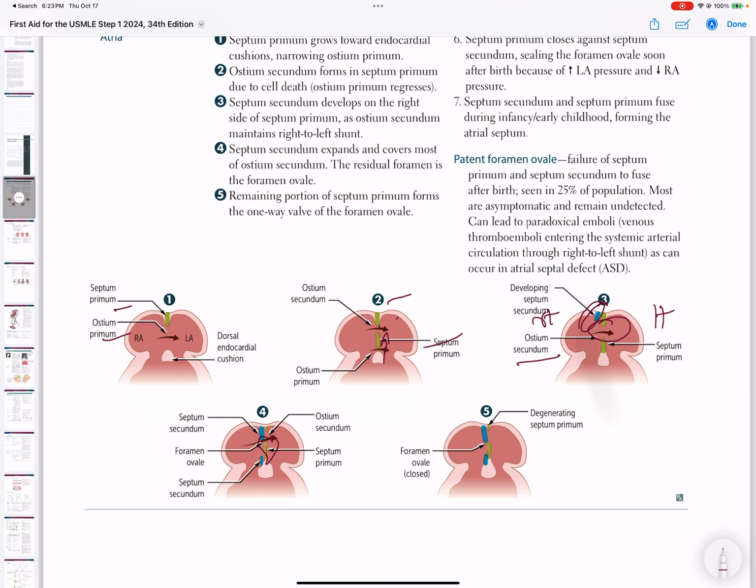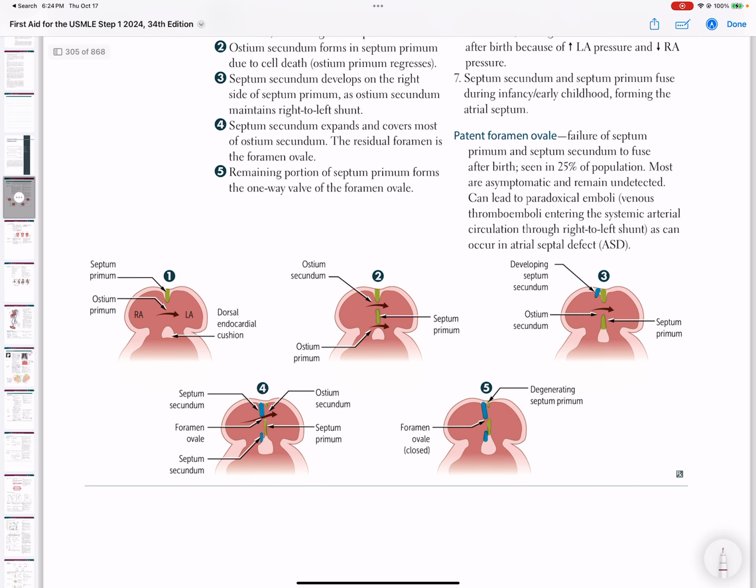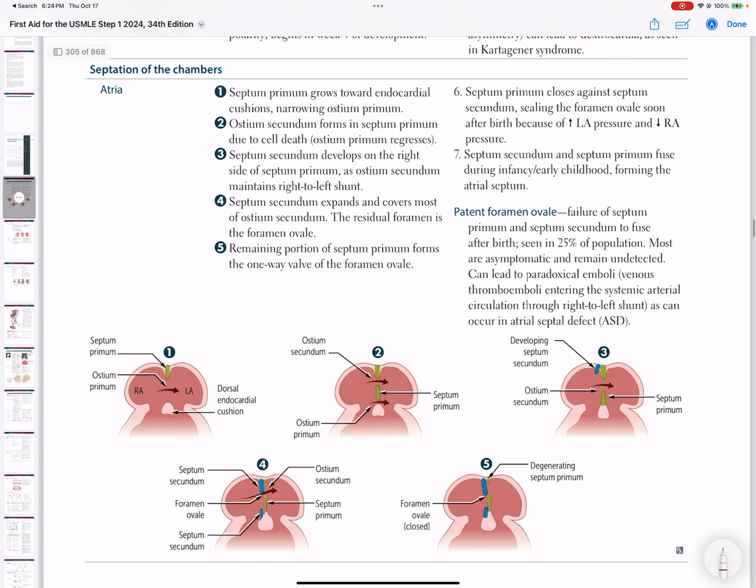Then you have the secondary septum, that's the septum secundum, which develops, and then the residual is the foramen ovale. Later the septum primum degenerates, if you can see here, and thereby the septum secundum and foramen ovale are closed.